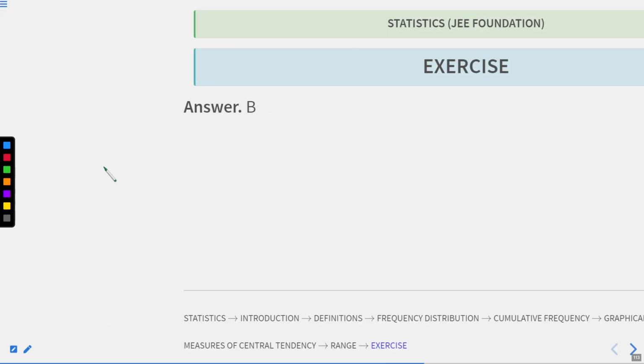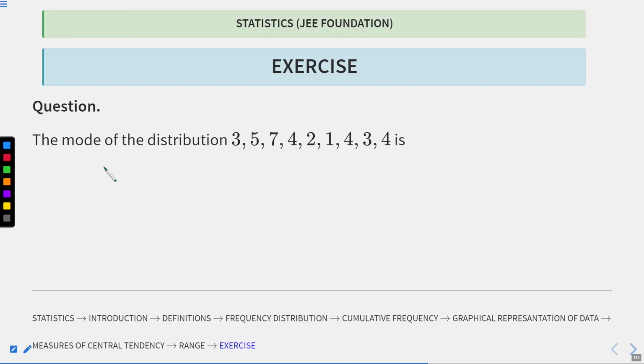Now let's move next. This question is about mode, the mode of the distribution. This distribution is given. So first of all, make a table. We have 3, we have 1, also we have 2, also we have 3, and we have 4, 5 is also there, 7 is also there.